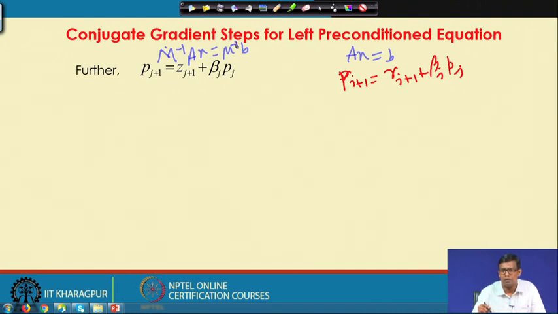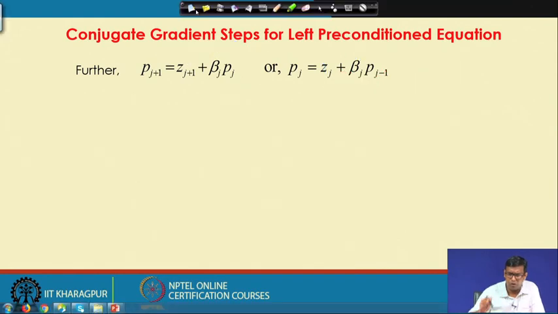This is the relation for the A x equal to b conjugate gradient. Similarly, we can find the relation for the update of the auxiliary vector in conjugate gradient applied over M inverse A x equal to M inverse b, or p j is equal to z j plus beta j p j minus 1.